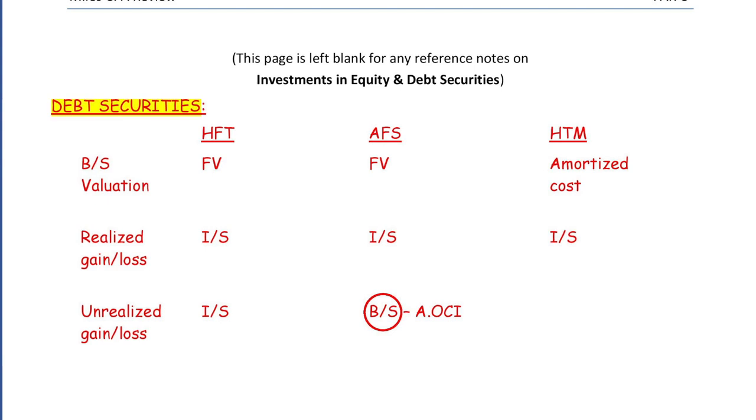And when they are realized, we know that we reclassify them to net income on the income statement and to retained earnings on the balance sheet. Now for held to maturity securities, there's actually no unrealized gains or losses. So write NA and draw an arrow upwards, because these securities are recorded at amortized cost on the balance sheet, not at fair value.